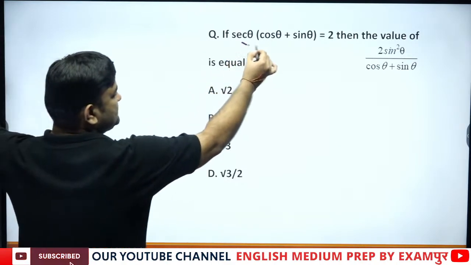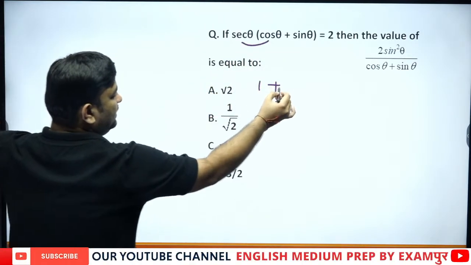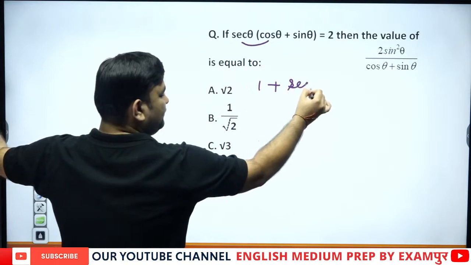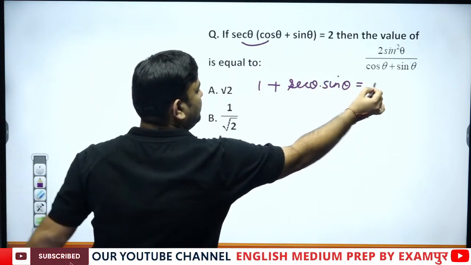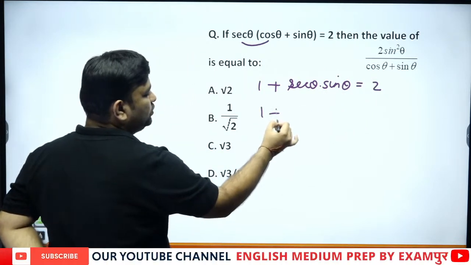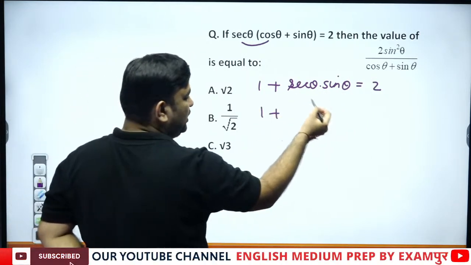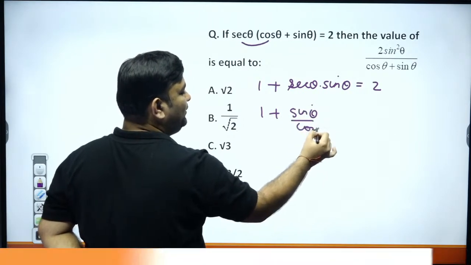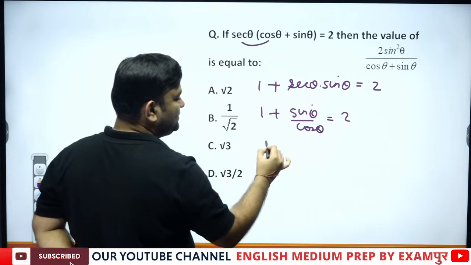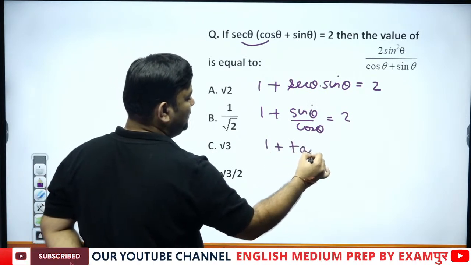Sec into cos is 1. And what is sec into sine? As of now, write sec into sine only. However, you know sec is 1 upon cos, so it will become cos in the denominator. Oh, I'm writing too many steps. It will become 1 plus tan is equal to 2.